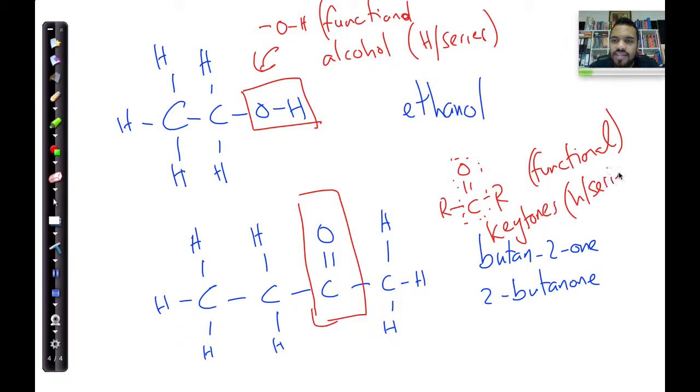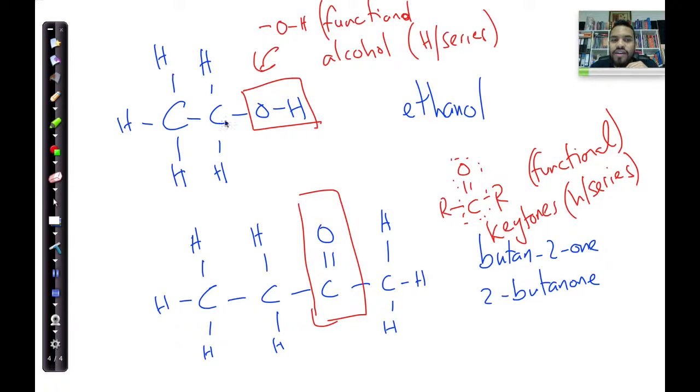It is the ketones. So if I had to ask you what type of molecule this is, you're going to tell me, well, Imad, it's got a double bond oxygen bonded to carbon in the middle, so that's a ketone. So the homologous series, any molecule that's got an oxygen bonded to a carbon in its main chain, somewhere in the middle, that's a ketone.